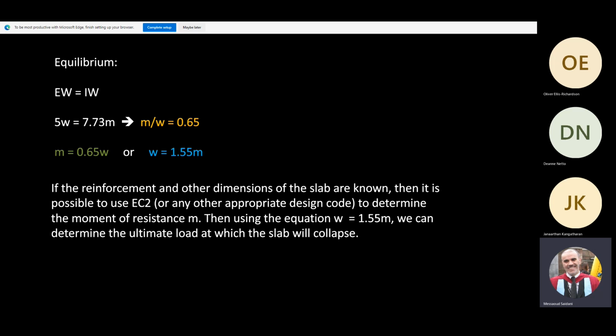Is that clear? So it all depends on the question that you get, or what is known or not. This is what I've explained here in this paragraph, that if you know the moment from the code, from EC2, for example, then you can determine the collapse load and vice versa.